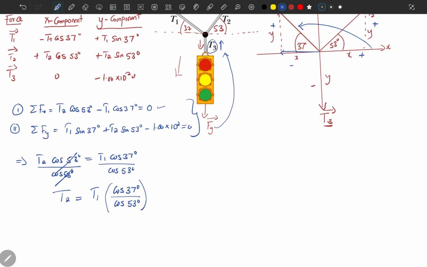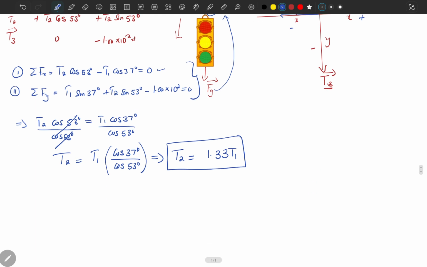Of course, this you can punch on the calculator. Let me just punch direct on the calculator, and I'm getting T2 is equal to 1.33, I'll leave it to 2 decimal places, multiplied by tension 1, because tension 1 is already there.